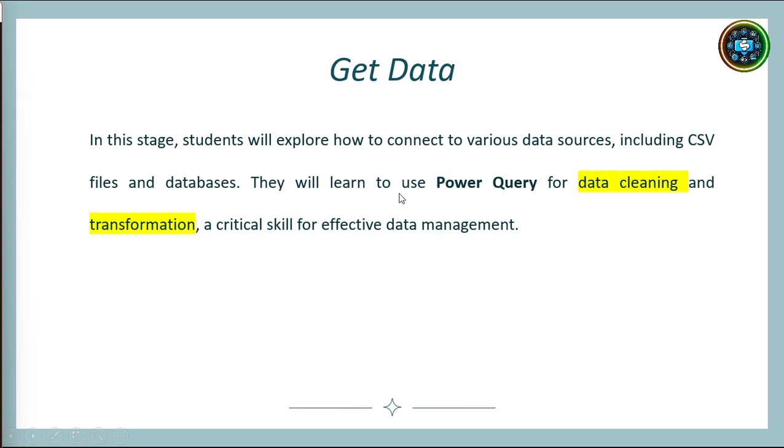After that, I will teach you how to use Power Query for data cleaning and transformation. As I told you in the earlier session, when you get data from the public domain, it won't be clean data. In Kaggle almost all the data is clean, because people have used that data and stored it there.